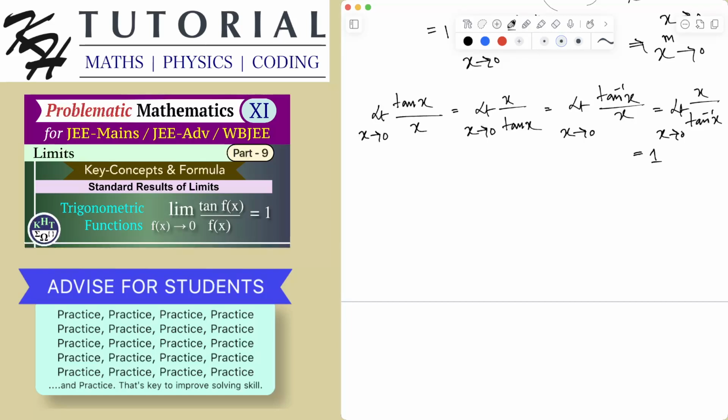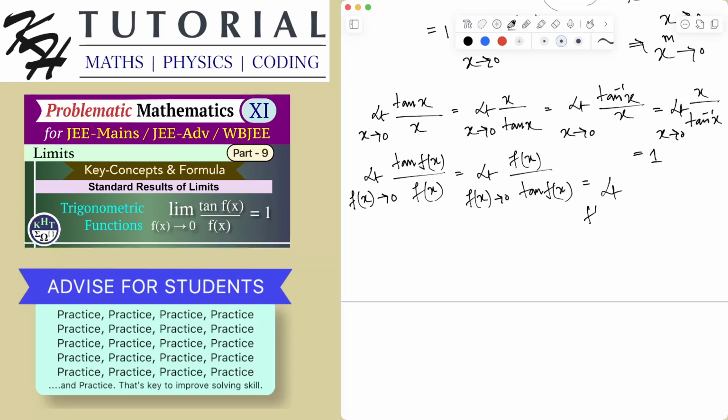The general form is that limit when f(x) tends to 0 of tan of f(x) by f(x) is equal to limit f(x) tending to 0 of f(x) by tan of f(x), is equal to limit f(x) tending to 0 of tan inverse f(x) by f(x), is equal to limit f(x) tending to 0 of f(x) by tan inverse f(x). All these limits are equal to 1.